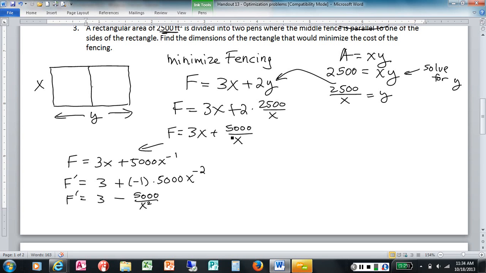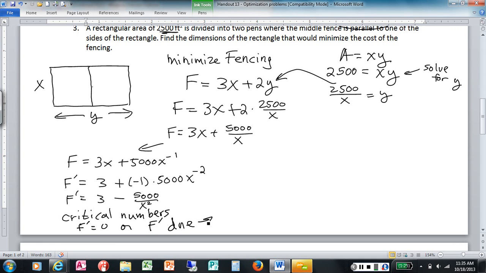All right. So what do we want? We want the critical numbers. Now, on this one, we do have the other type of critical number come into play, because critical numbers are where the derivative equals 0, or what else? Derivative does not exist. Well, where does this derivative not exist?